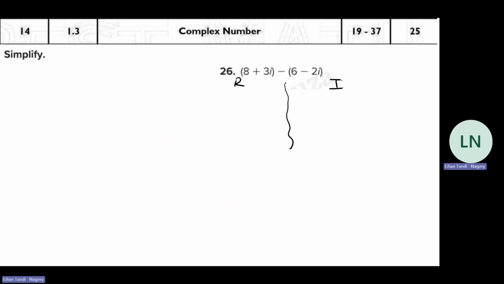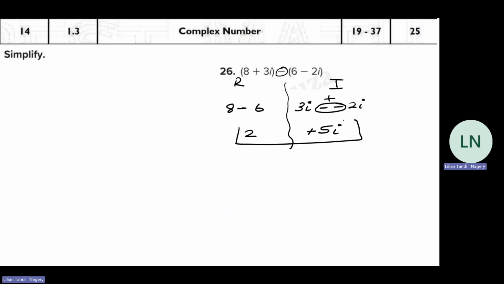Real, imaginary. 8 minus 6. Read correctly. If you read wrongly, your problem. You read correctly. 3i minus negative 2i. This becomes plus. So this is 5i positive. And this is positive 2.